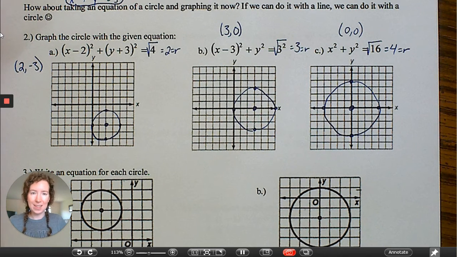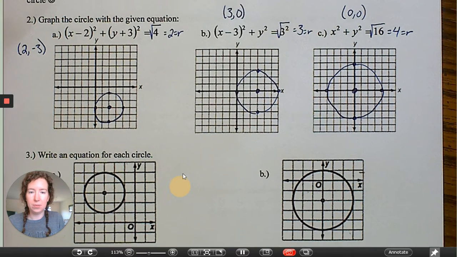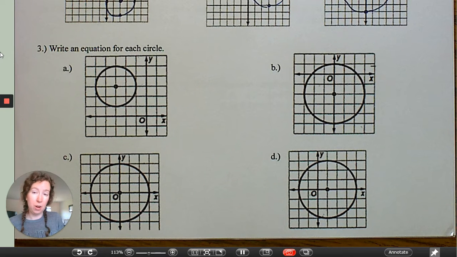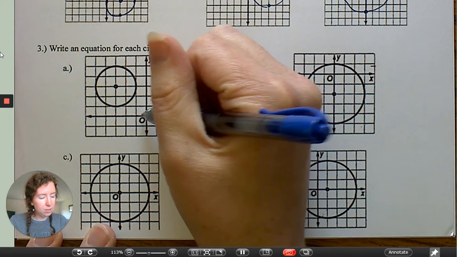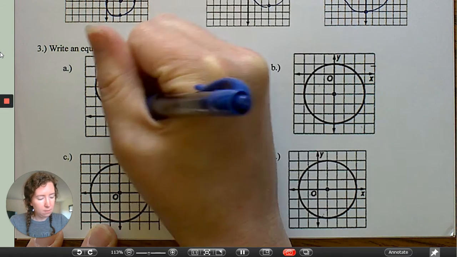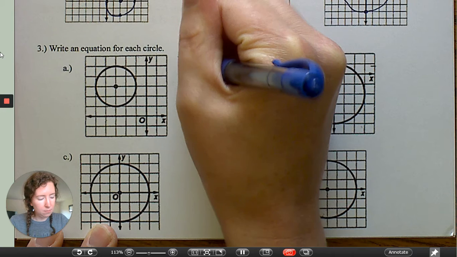All right, the next section is still writing the equation for this circle, just like we did in number 1. The only difference is this time they give us the graph. So from the graph, we need to identify the center and the radius, and then once we know those, we put them into the equation, just like we did in the first one. So this circle has a center at -3, +3.